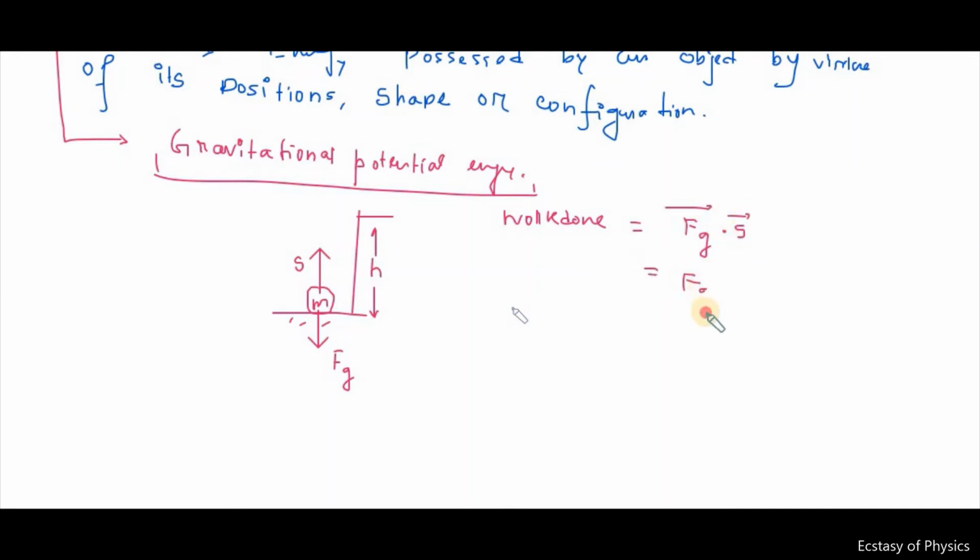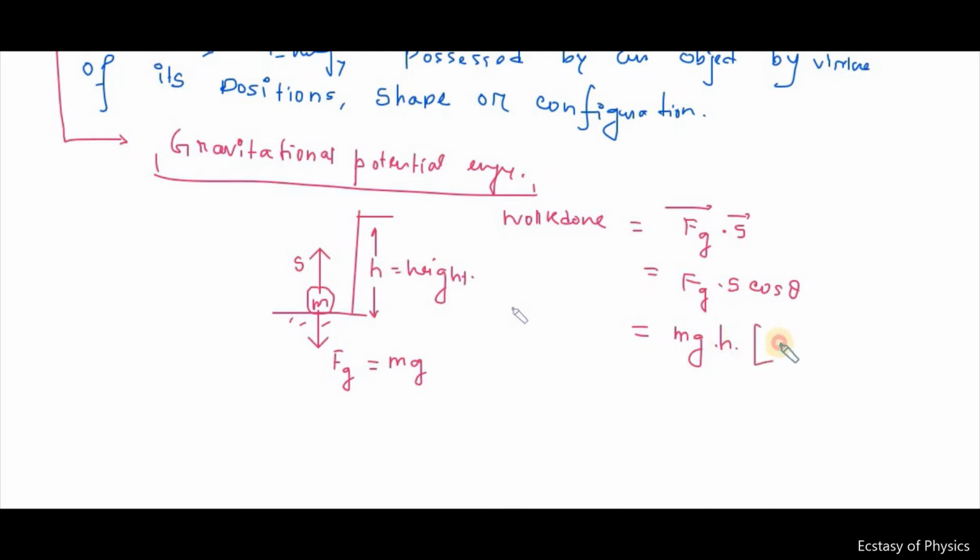times cosine of theta. The gravitational force can be represented as mass times gravity, so Fg is mg. Displacement can be represented by h, where h represents the height of the building on which the object has to be placed. So instead of s I am writing h.